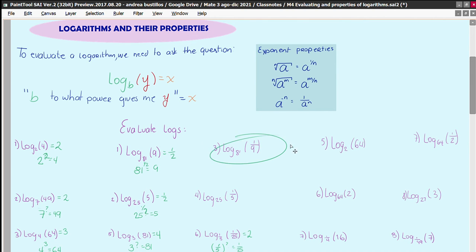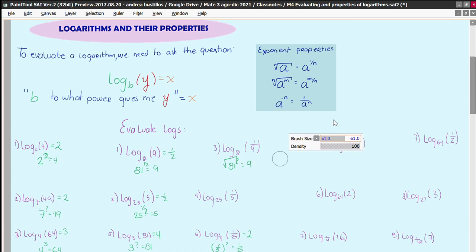In this example, 81 to what power gives me 1/9? My tip to solve this type of exercise is to do it by steps. First of all, you know that there is a relationship between 81 and 9. By now, you know that relationship is that the square root of 81 is 9.